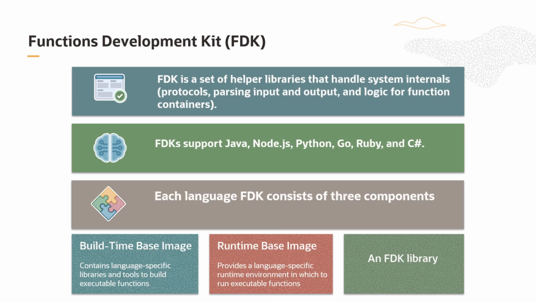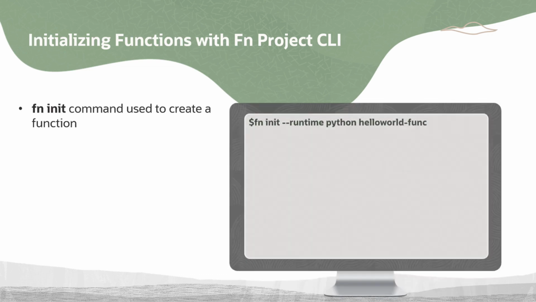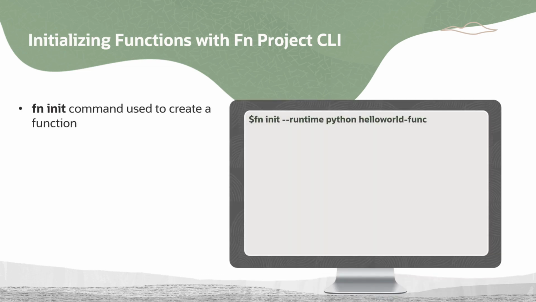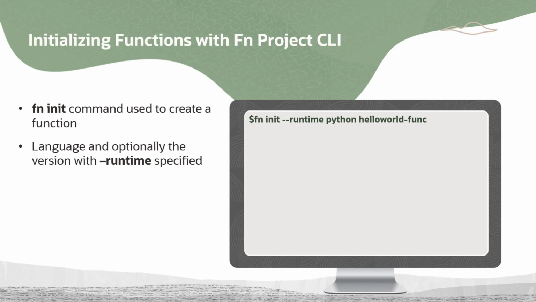When you first create a function using the Fn Project CLI fn init command, you specify the language in which the function's source code is written using the --runtime command option. You can also optionally specify a version of the language.